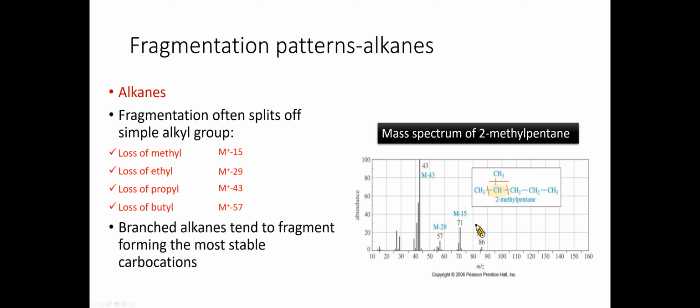Alkane being the simplest organic compound, you expect the fragments of simple alkyl groups. On the right is an example of 2-methylpentane, where you can find the losses of methyl group, ethyl group, and propyl group.